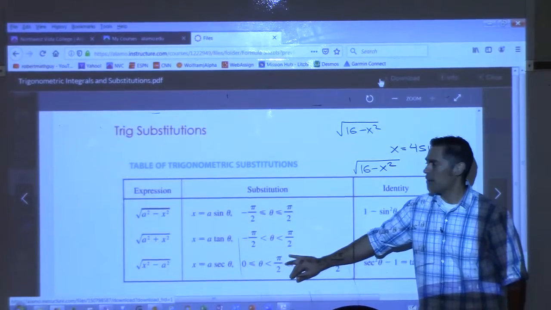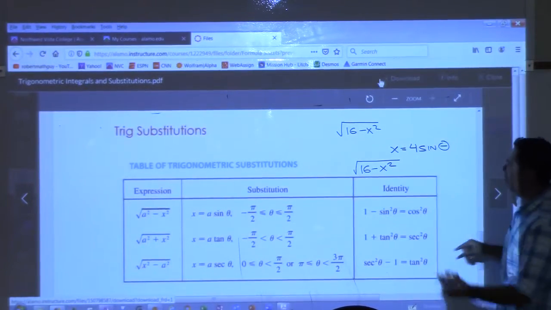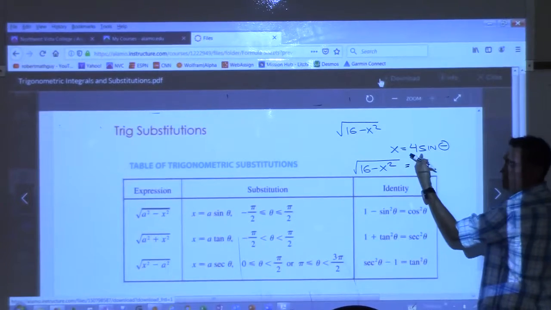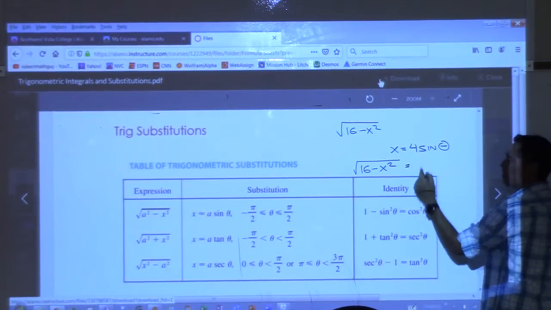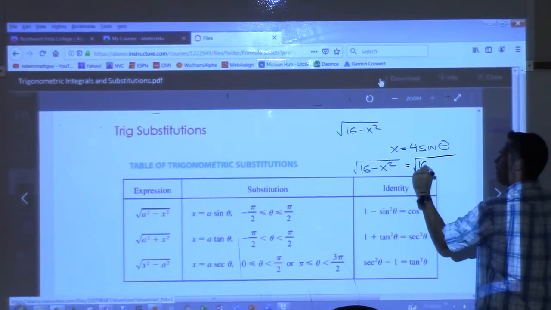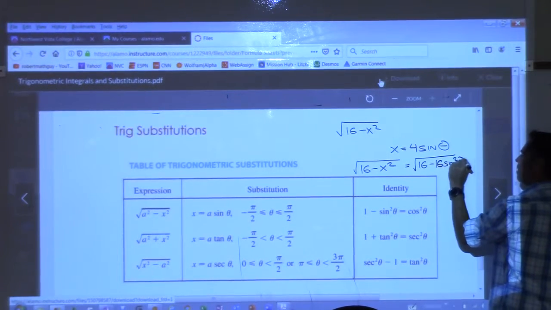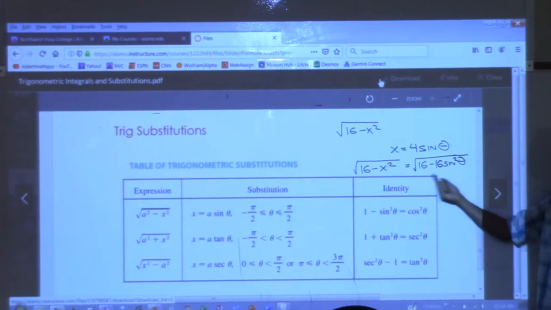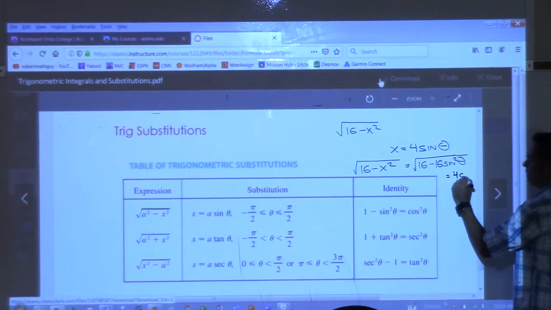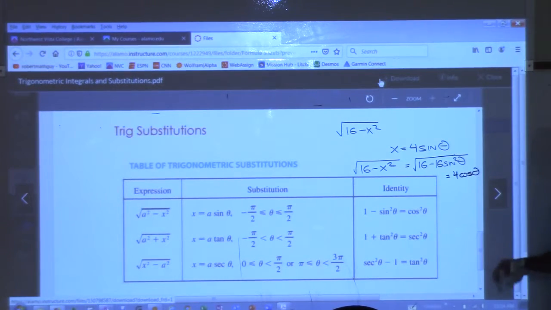The way you can figure it out is just replace x with this. So you get 16 minus 16 sine squared. We did this in class last time. Factor out a 16, pull out the 4, 1 minus sine squared becomes cosine squared, and then you take the square root. So at the end of the day, you get 4 cosine theta. That's the answer to part B.